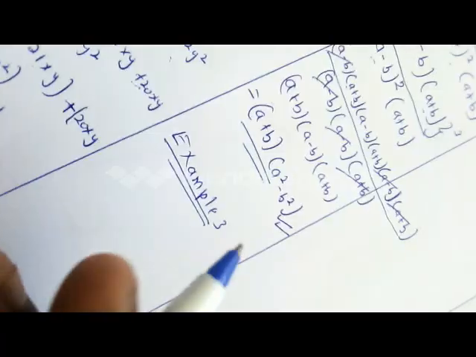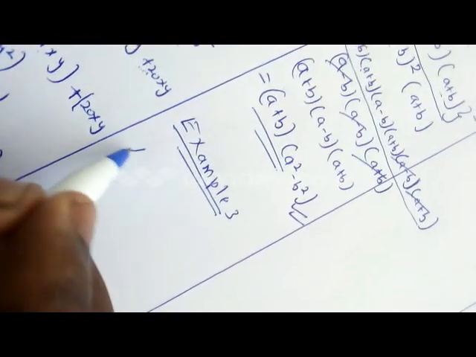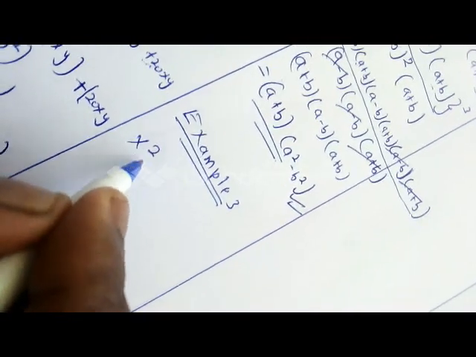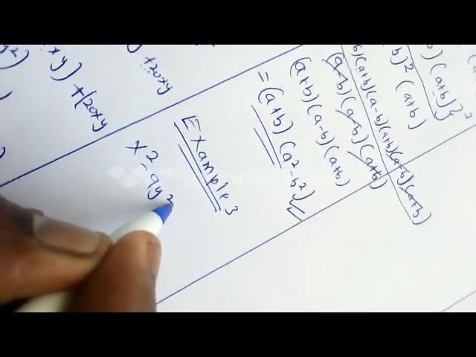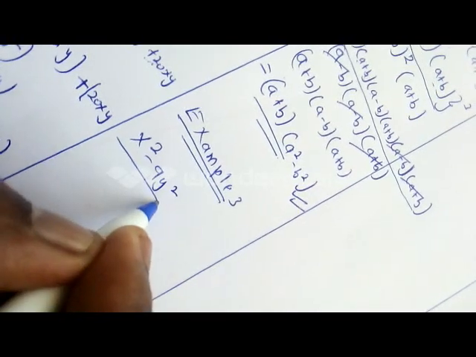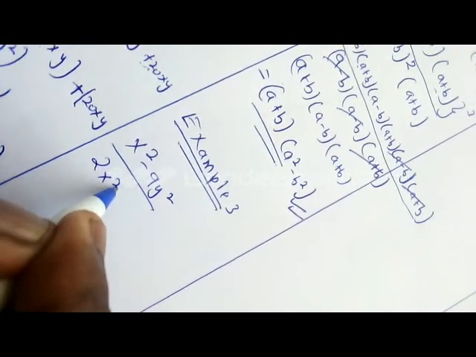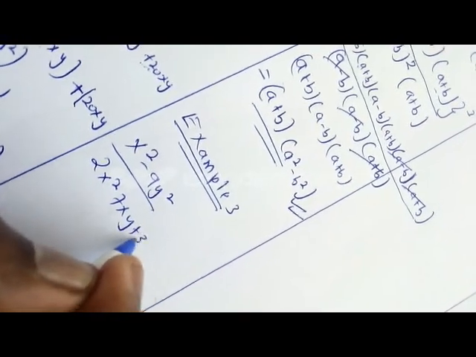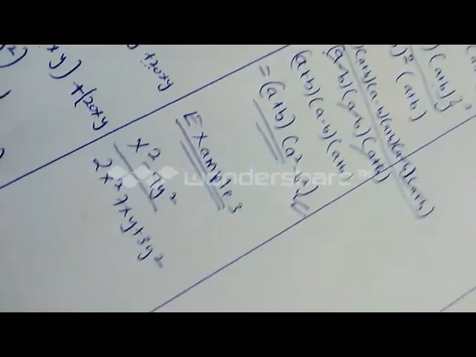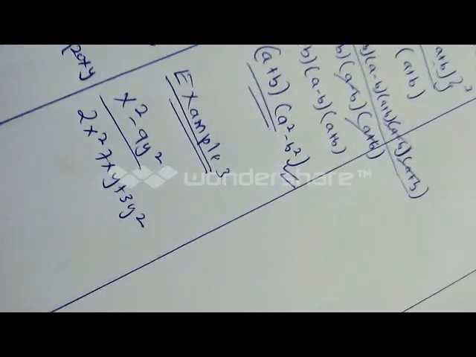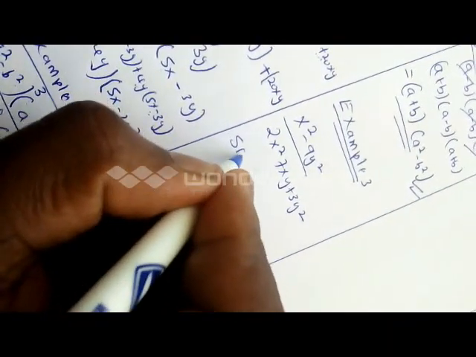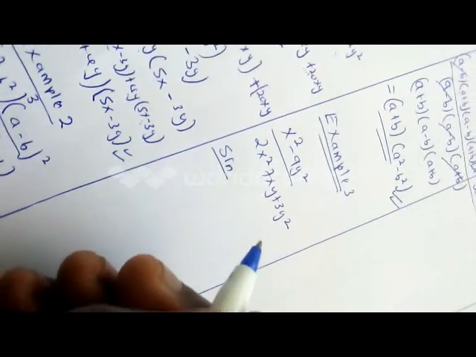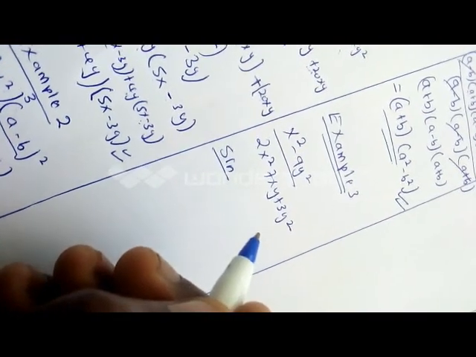So another example, you're told to simplify the expression x squared minus 9y squared all over 2x squared minus 7xy plus 3y squared. So you're told to simplify the expression. You come and write the solution.